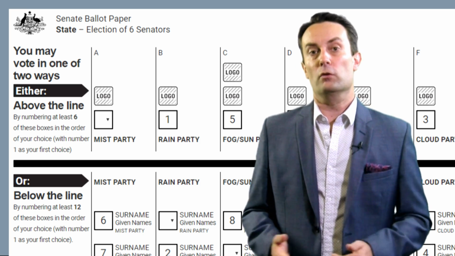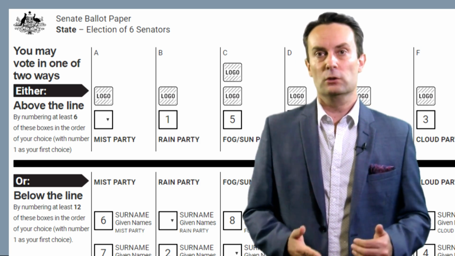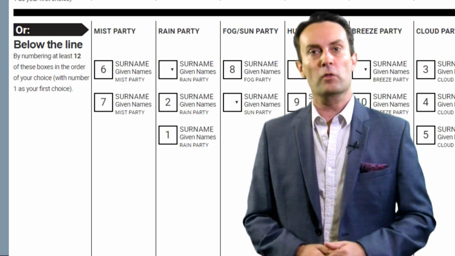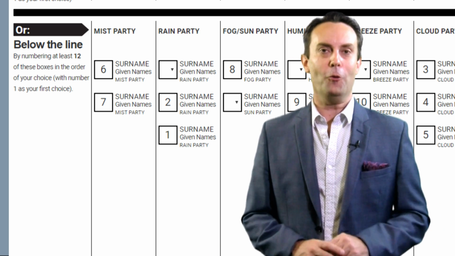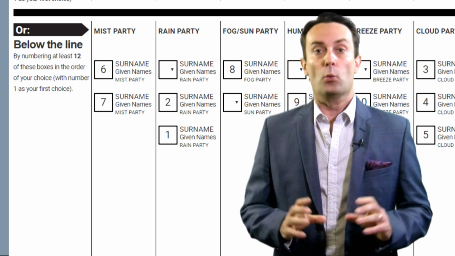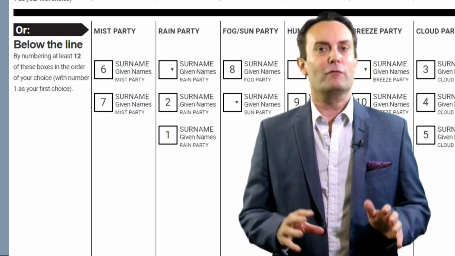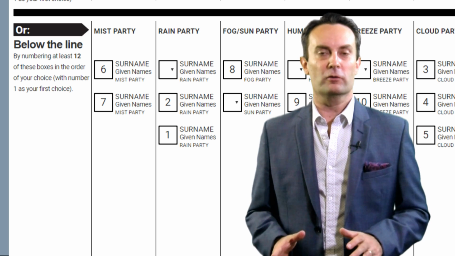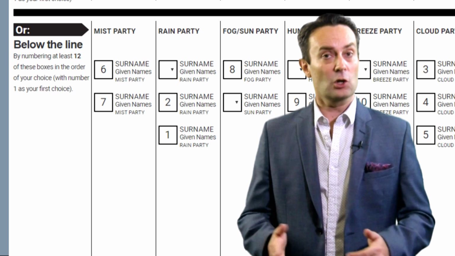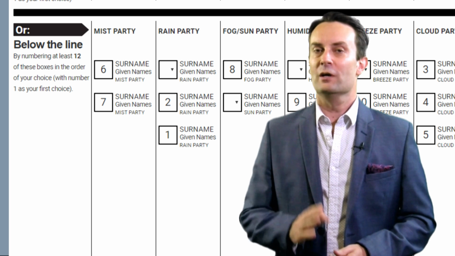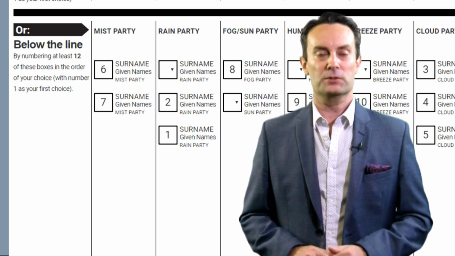If you want to vote for them in a different order of preferences, you'll need to vote for them below the line, in the order you prefer, and completely ignore all boxes above the line. When voting below the line, you have maximum control over your preferences and can vote for anyone in any group in any order, as long as you number at least 12 boxes and don't repeat or skip any numbers.